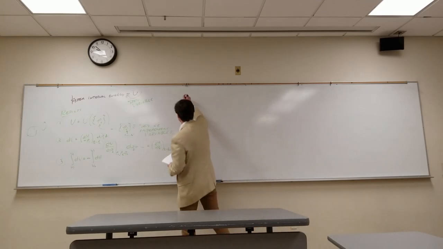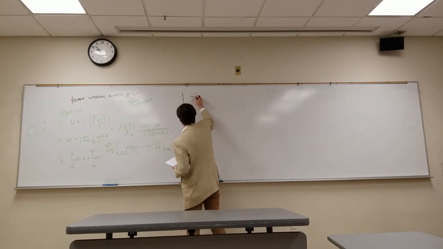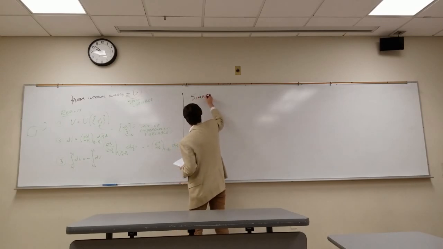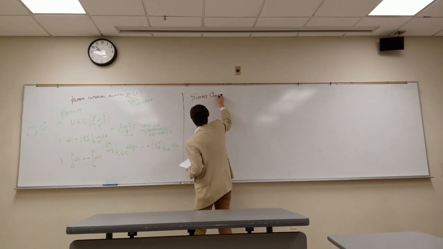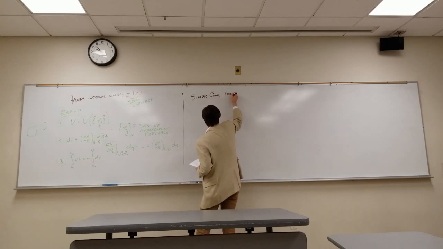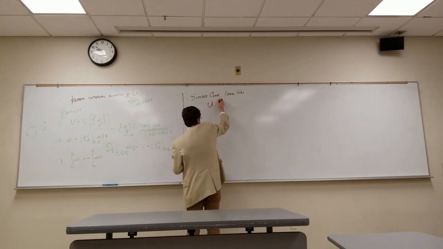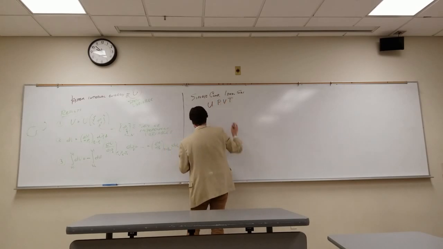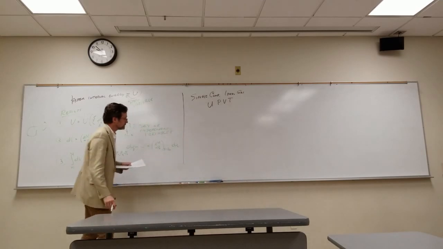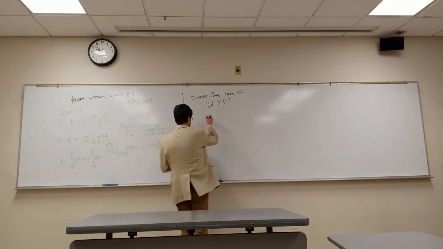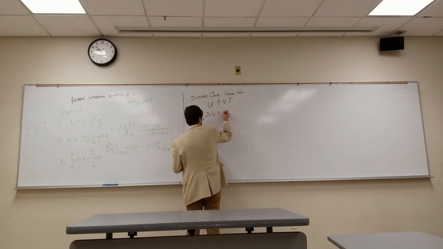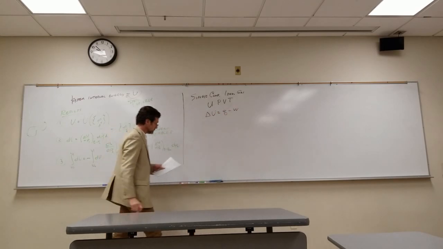So, ideal gases, now we have U, P, V, and T, and we have delta U is equal to Q minus W. So let's talk about work.